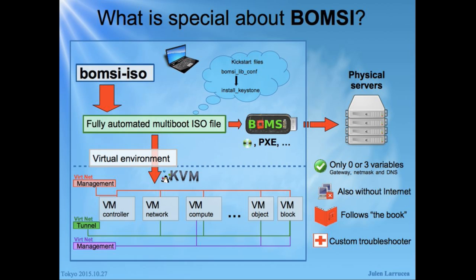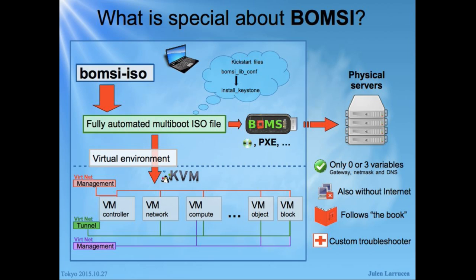Some of the features I like most from BOMSI is that it is very simple. It requires 0 or 3 variables. 0 variables for the virtual environment, where basically everything is set as default. You can change the settings, but it will also work if you don't change anything.